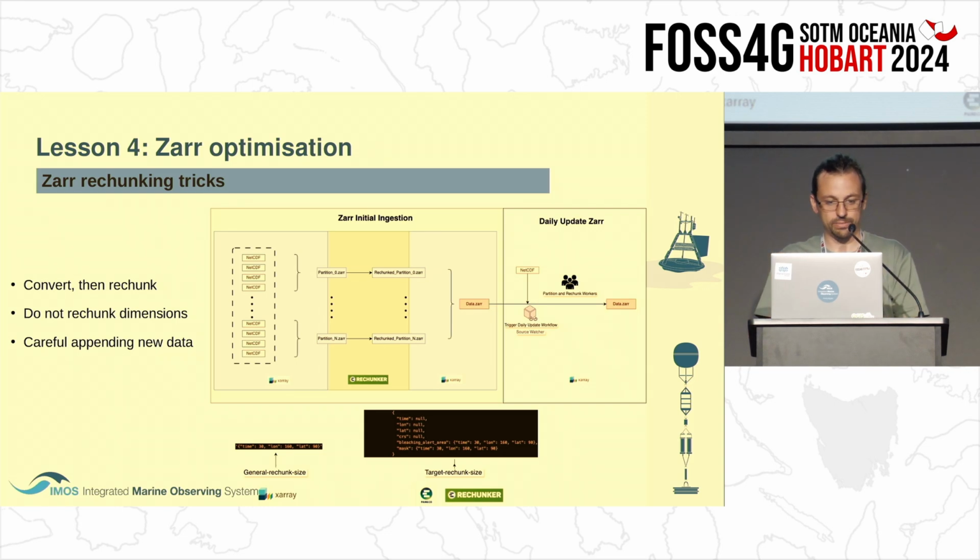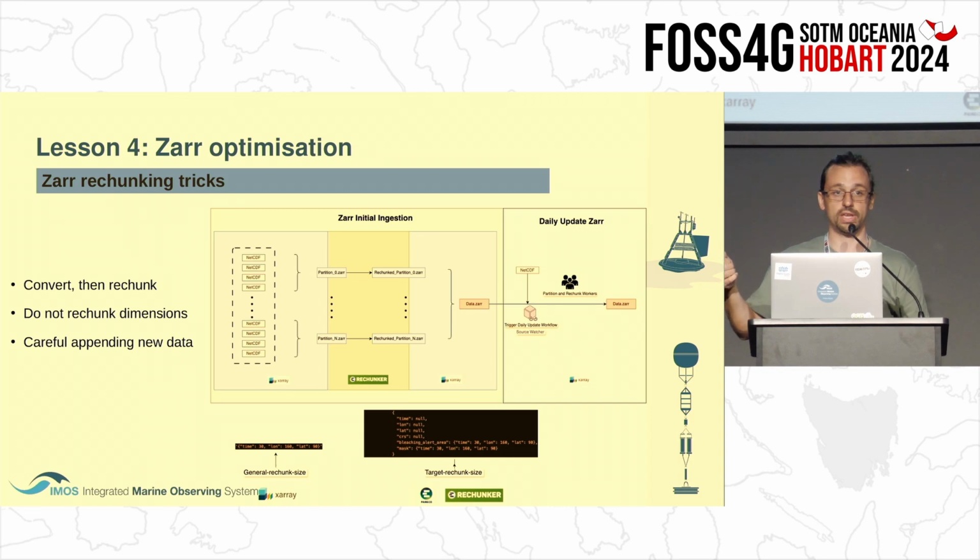Again, more details about stuff you can do in Zarr and stuff you need to care about is that rechunking can be hard, especially if you want to update your data over time. So it's easy to take one data set and set a chunking strategy and convert it to Zarr. But then if the next day a new piece of data comes in and you want to add it to this, you need to be careful because, for example, as I said, we decided maybe to chunk each month in a separate chunk.